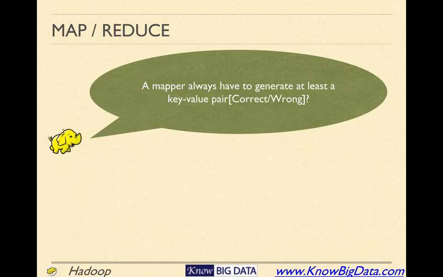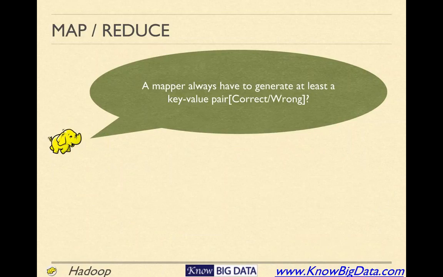All right. Next question to all of you: a mapper always has to generate at least a key value pair. Is it true or is it wrong? Imagine that in our big.txt file, the input for the word count which we did, what if an input line was blank?